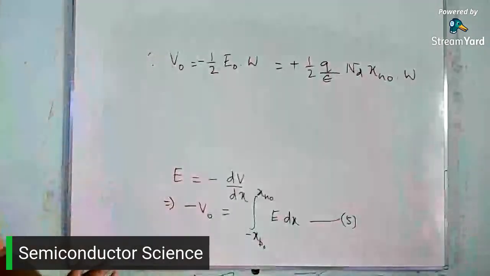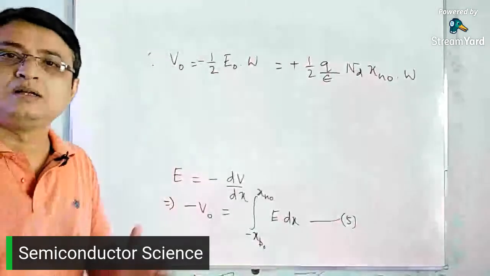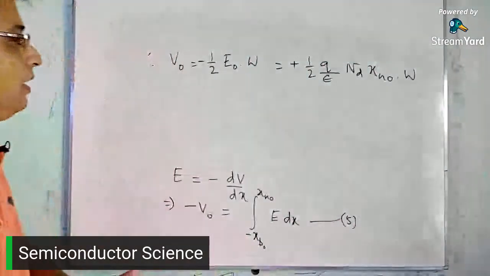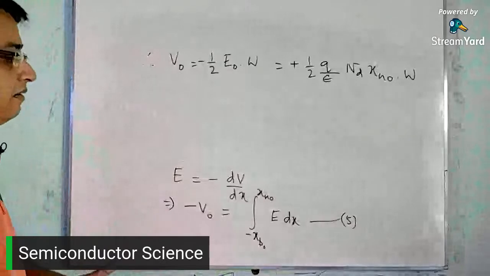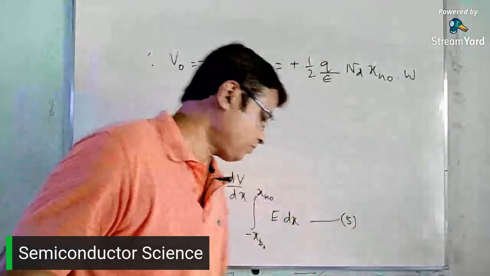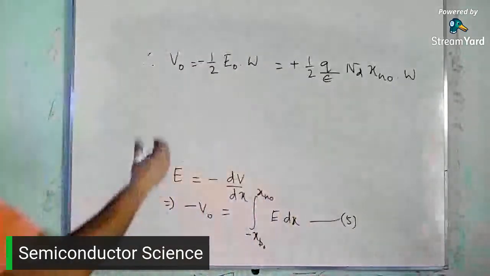So this is the value of contact potential, that is the value of V0 inside the N-type region. And now, what is the value of W?